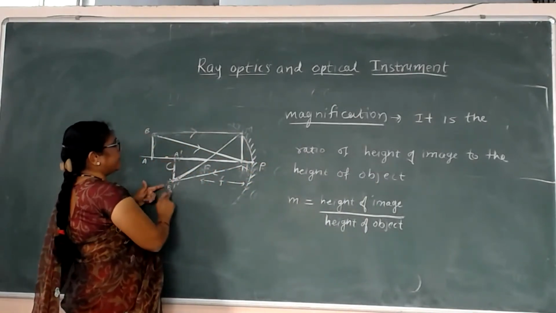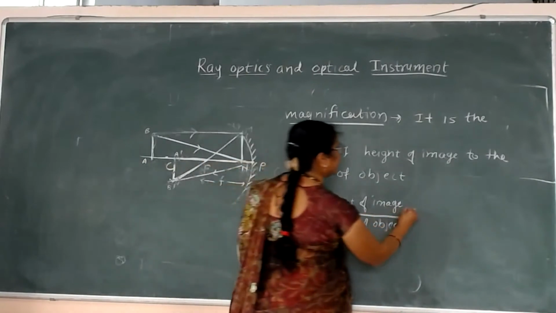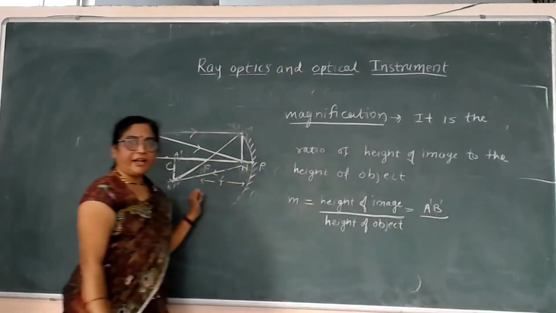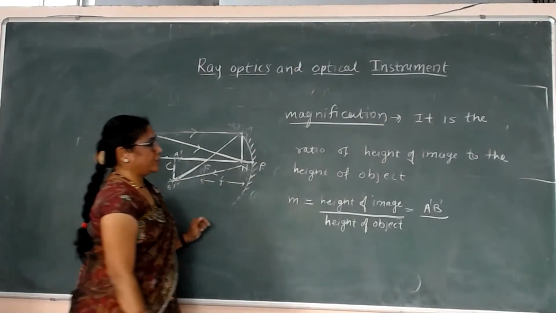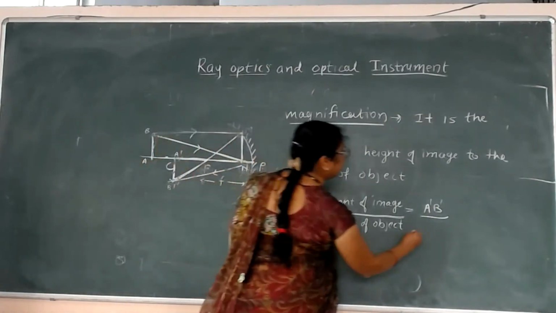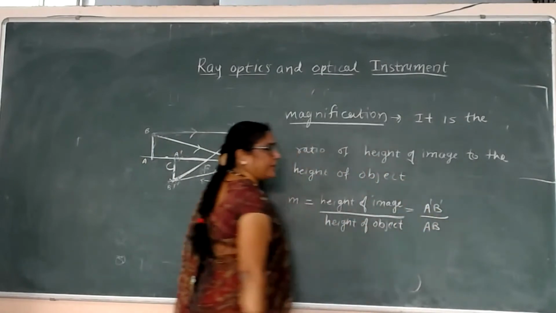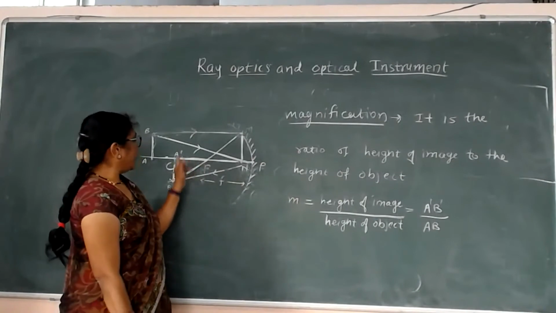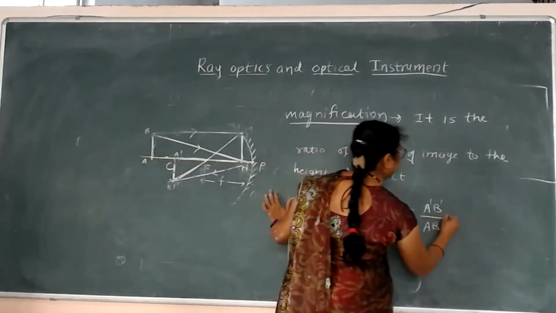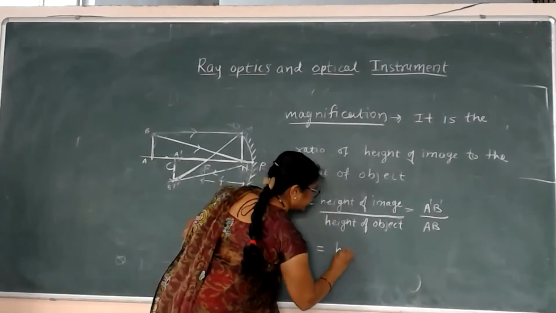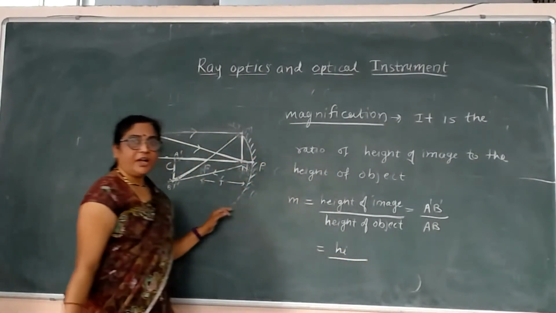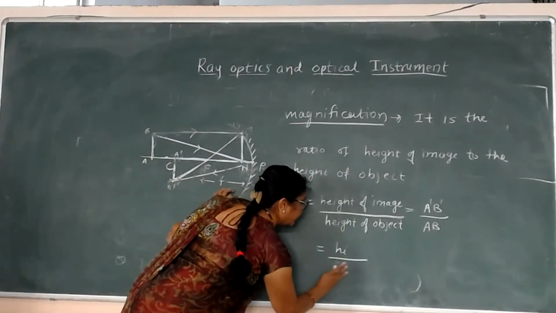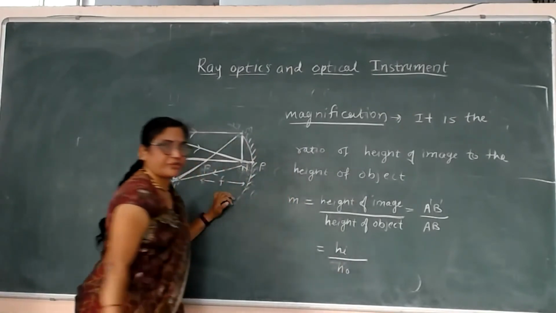Height of image is equal to A dash B dash, divided by height of object, which is AB. So A dash B dash is equal to height of image, divided by height of object AB, that is equal to height of object.